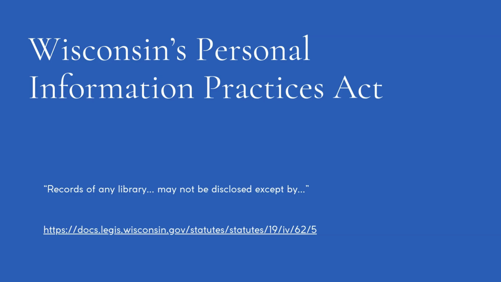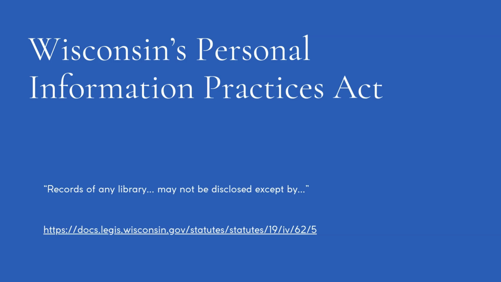Agencies must also inform individuals about the purpose of collecting their personal information and share how it will be used. Individuals have the right to access their personal information held by state agencies and request corrections to it if needed.